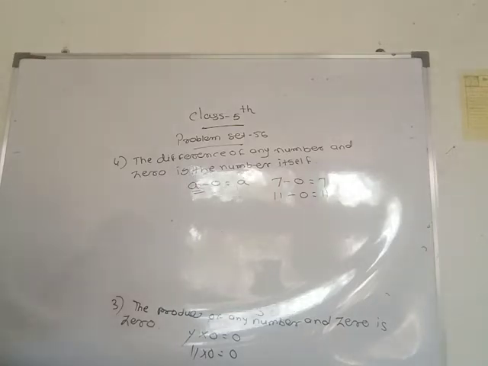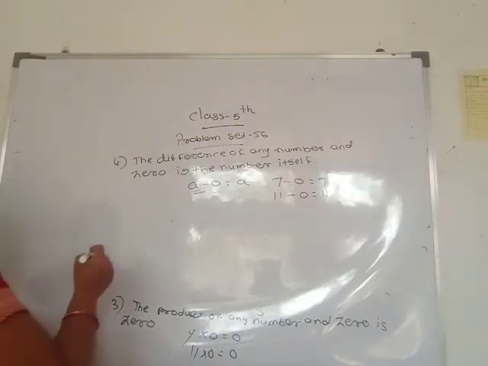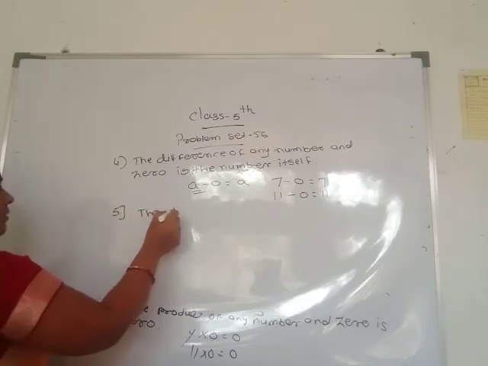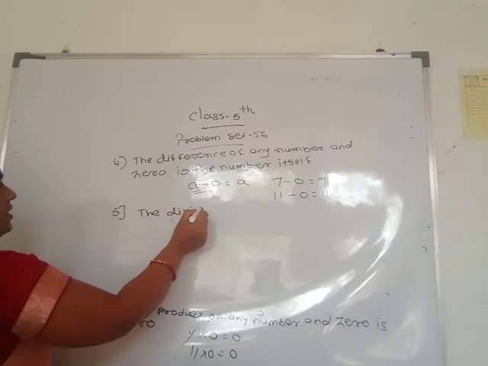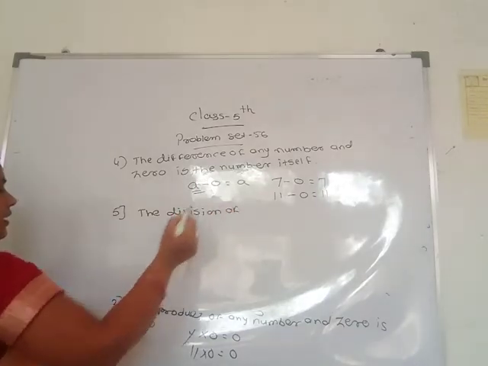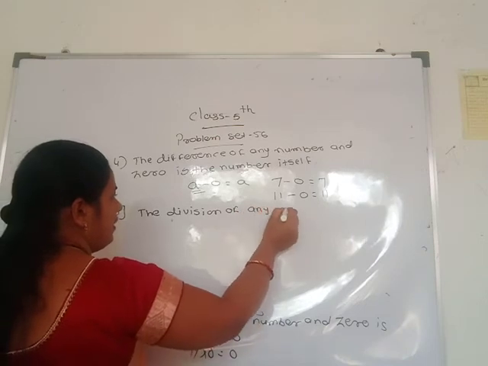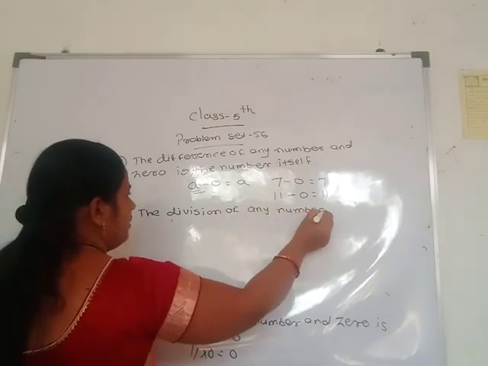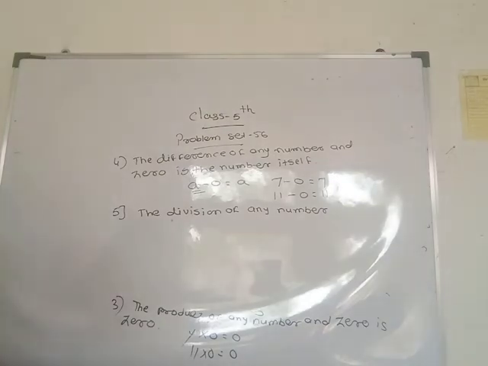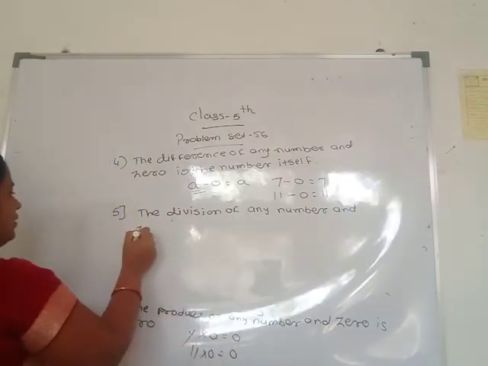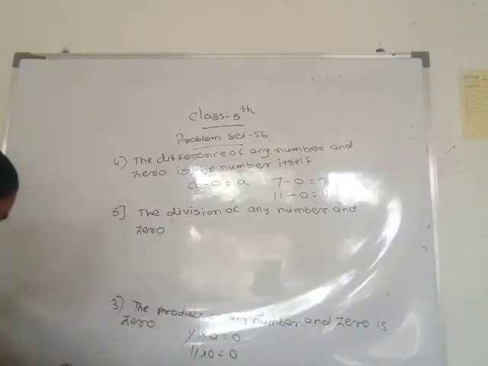Next one, fifth one, the division of any number and 0 is 0.